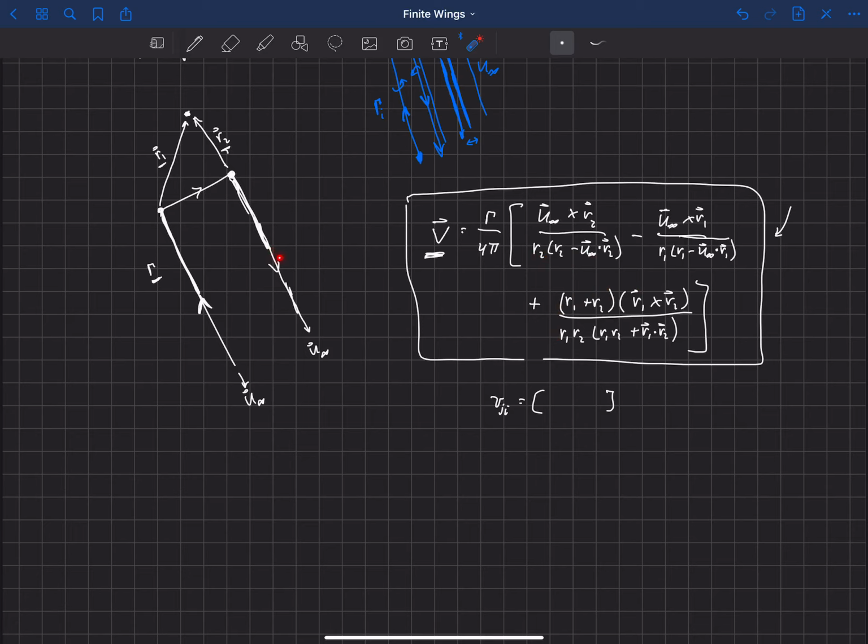We want to still include those, but we don't want to include the bound portion. That's because any segment doesn't induce a velocity at a point that is coincident with that segment.